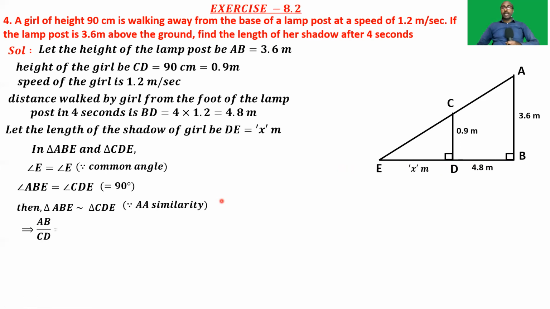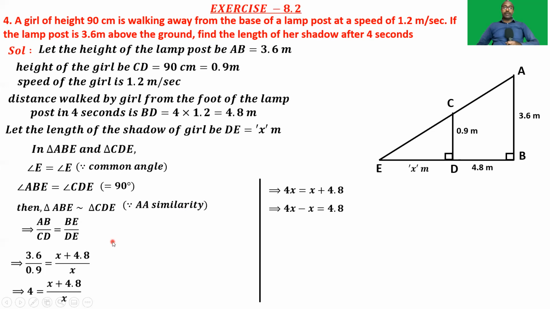That is, AB by CD is equal to BE by DE. So now substitute the values. From that, we get X is equal to 1.6. That is, the length of the shadow of the girl is 1.6 meters.